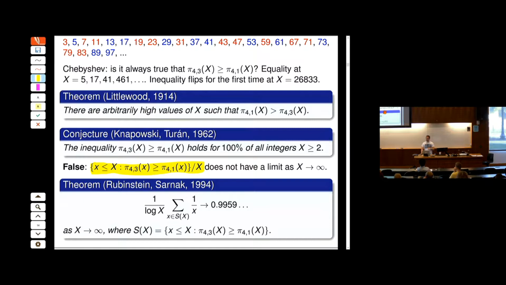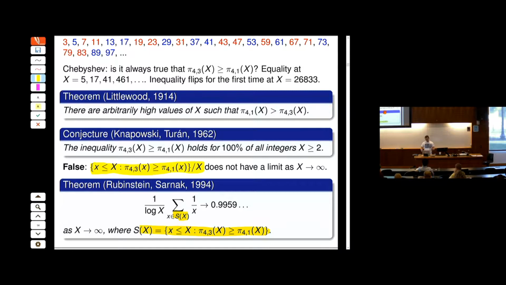And when you use a logarithmic measure, then instead of counting how many numbers there are with that property, this S of x right here, in yellow now, instead of counting 1 every time one of those happens, you have to count 1 over x for each one of those and then divide by log x. That's something called a logarithmic measure instead of the regular measure of the integers. And under that measure, you can count how many exceptions there are.